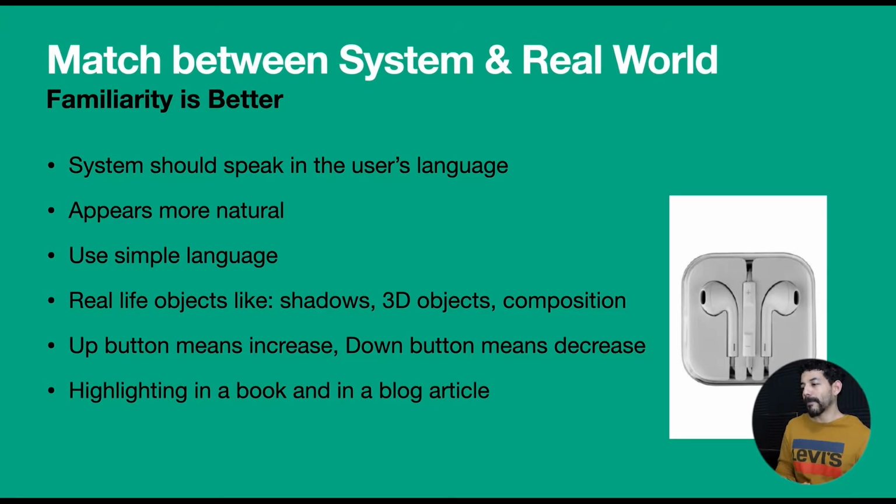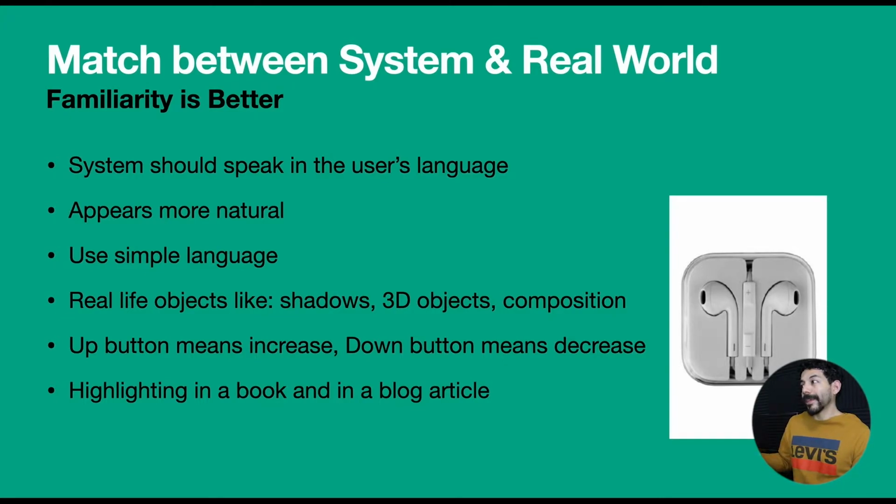Perhaps if you're designing, use shadows, 3D objects, something that relates to the real world, perhaps like a credit card, that you know how credit cards look, and then applying that in a design, kind of the same thing. Users like that a lot.